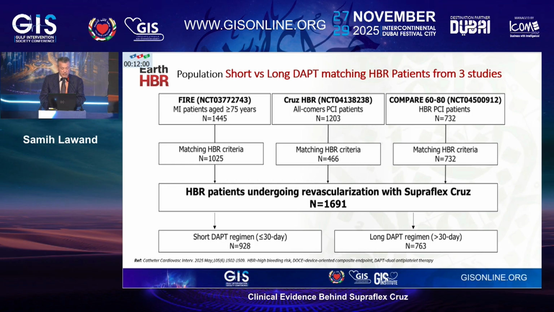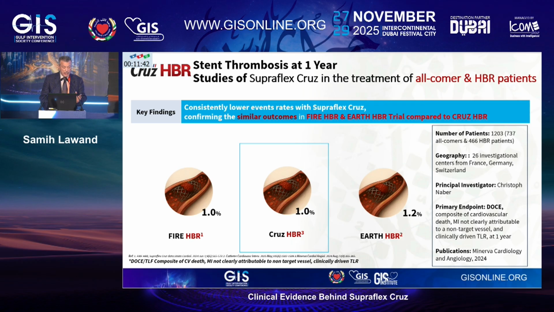In this study derived from 3 other studies, FIRE, Cruz, and COMPARE 60/80, where high bleeding risk patients were taken away and studied using short DAPT versus long DAPT, and looked at the differences, again similar outcomes were shown when Cruz high bleeding risk was compared to FIRE and the other high bleeding risk also at 1 year.